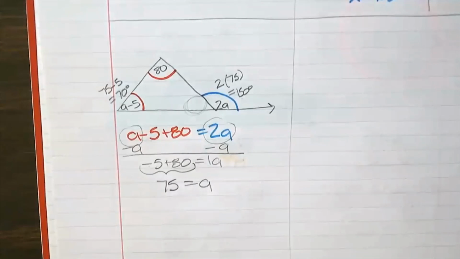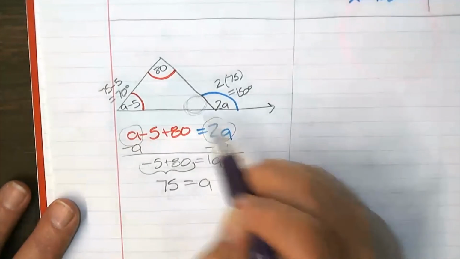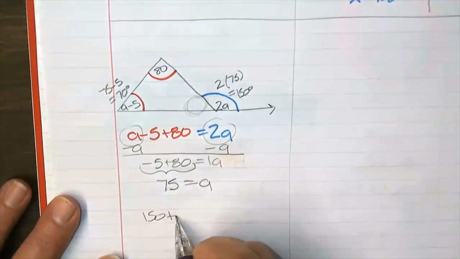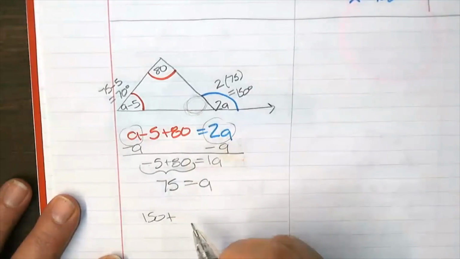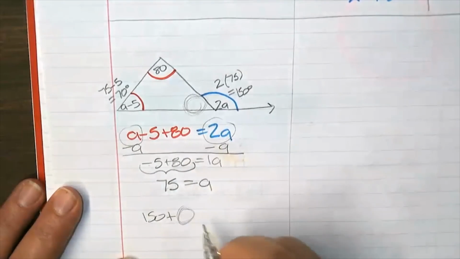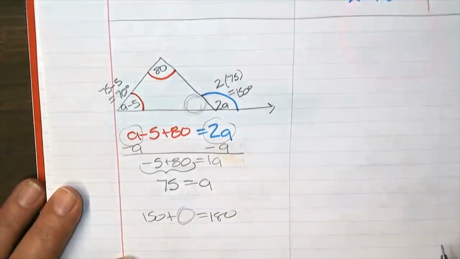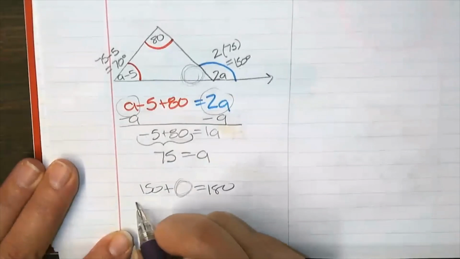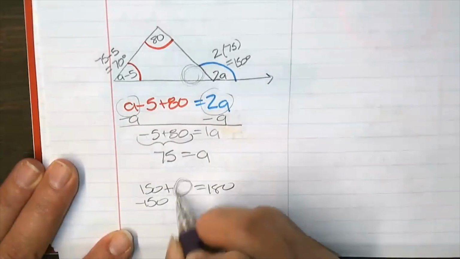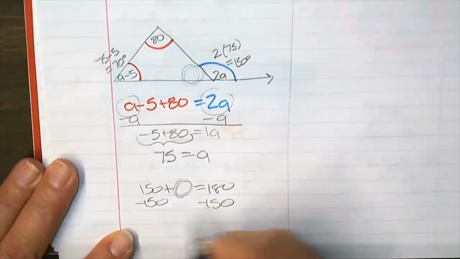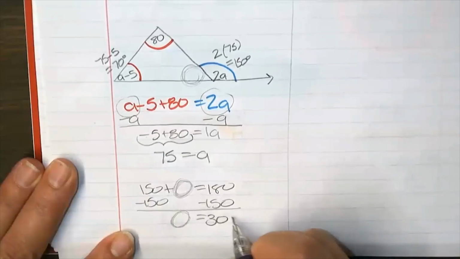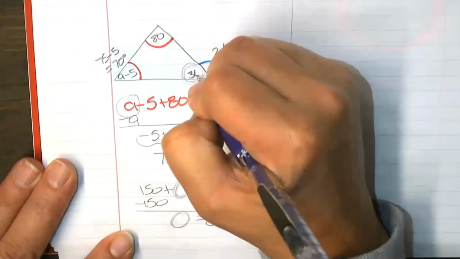Yeah. 150 plus this angle, whatever it is, we don't know, equals 180. So basic algebra, I'm going to subtract 150 from this side so I can isolate this variable. So this angle is equal to 30 degrees. Boom.